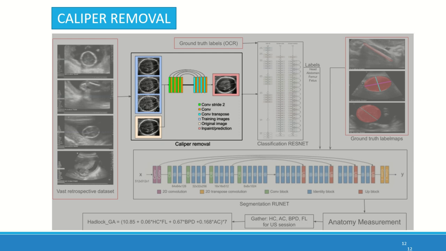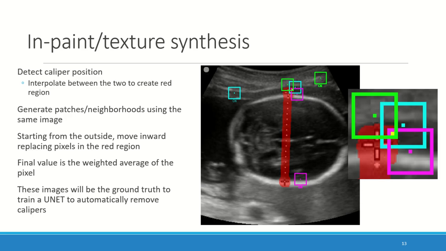Now let's talk about our caliper removal technique. So we generate our ground truth data using an in-painting or texture synthesis technique. We first detect our caliper region, and we replace this region using an in-painting technique.